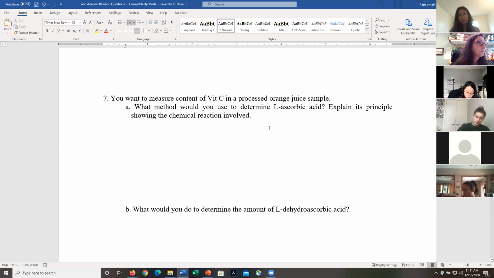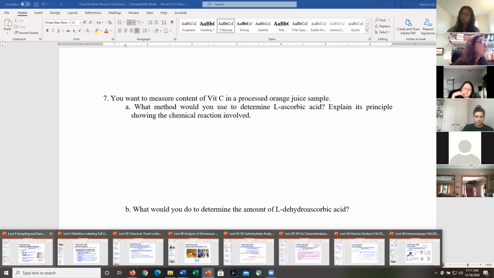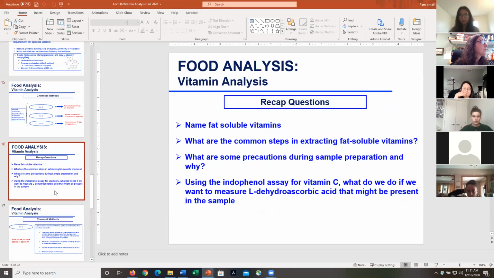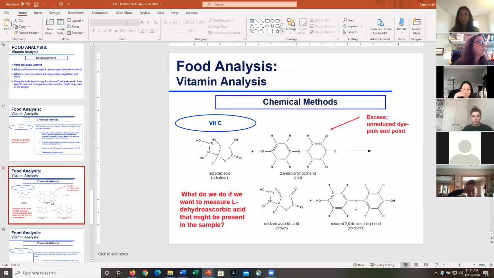Vitamin C and processed orange juice. So what would you use to determine L-ascorbic acid? Okay, so here is the method you want to remember. Vitamin C. Yes. Again, you don't want to remember the structure.